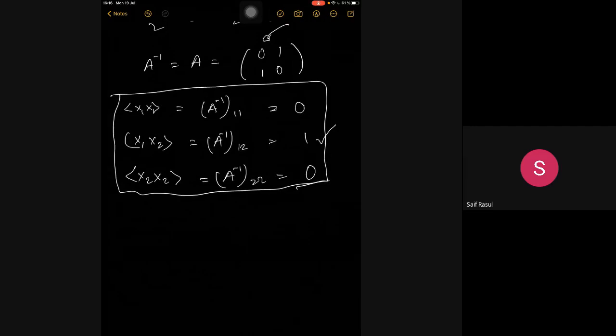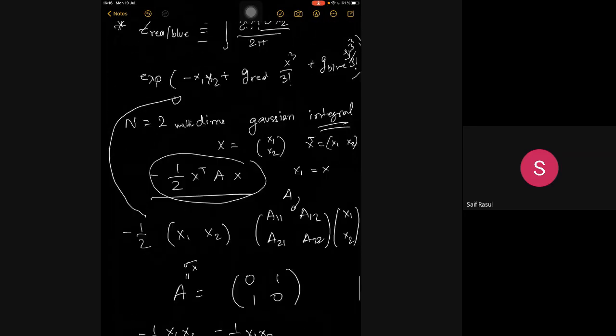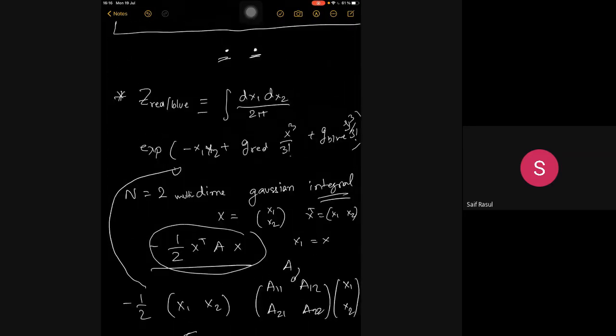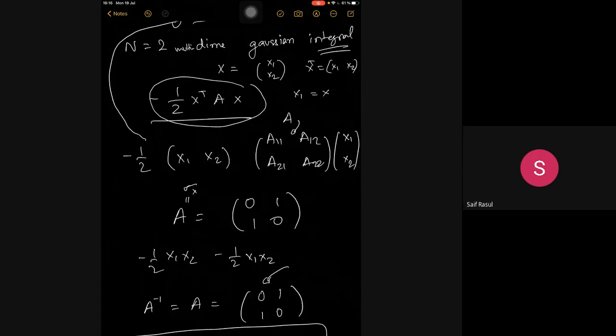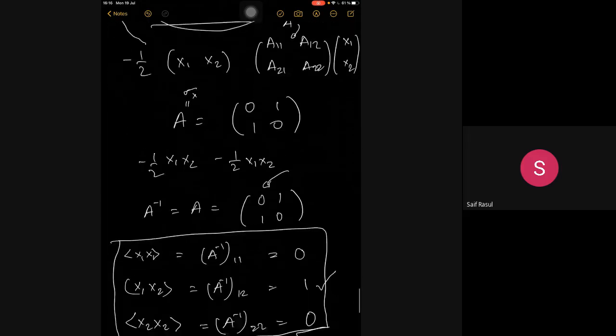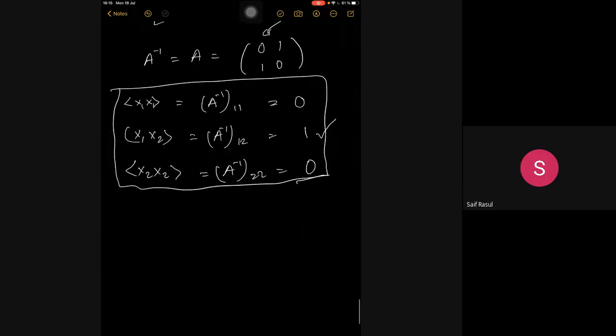If you're confused how this holds, I would encourage you to expand this integral. But as Saif said, if you have red, and say this is red as well, the propagator between them is 0.